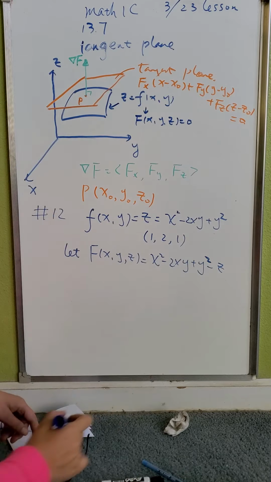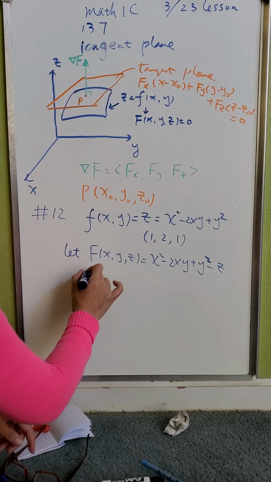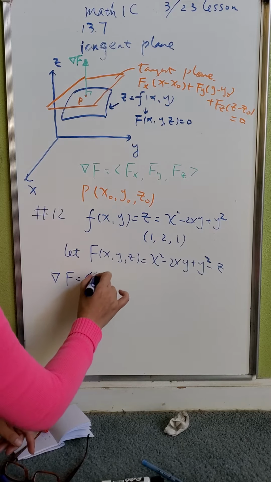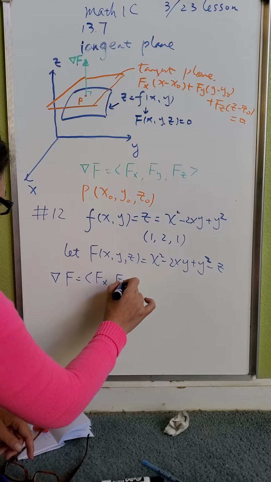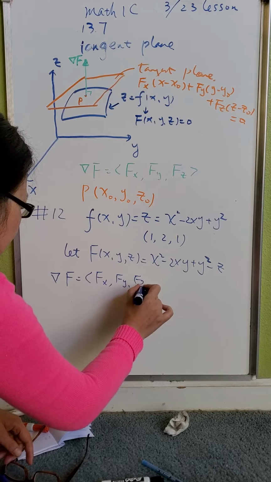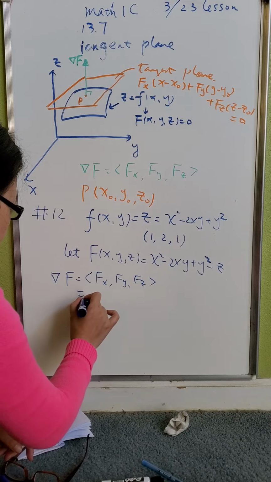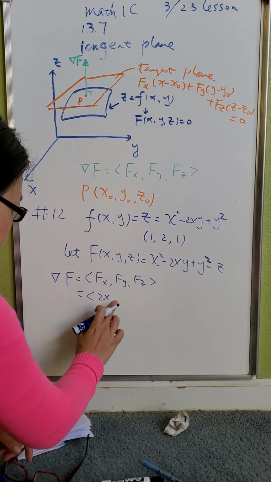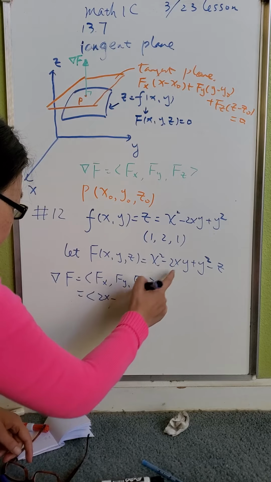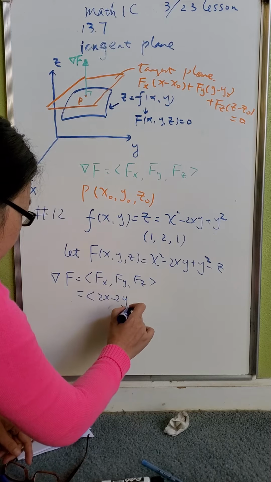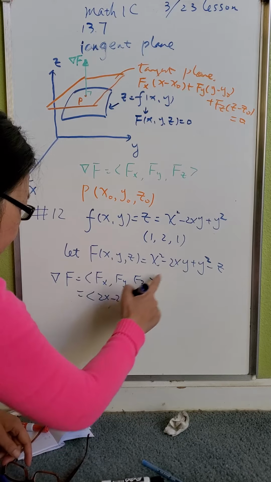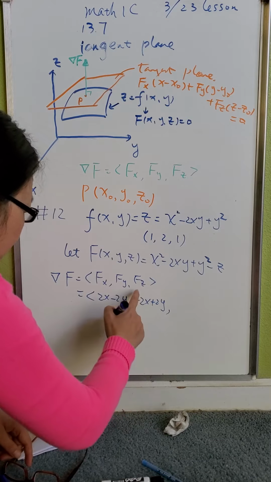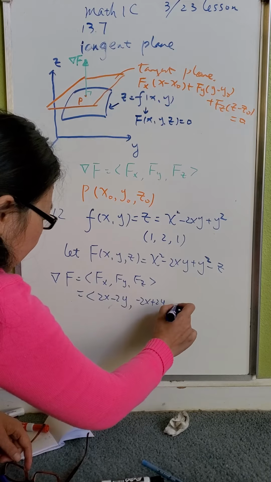Now we're going to get del f equal to f x, f y, f z. f x equals 2x minus 2y, and then f y we have negative 2x plus 2y, and f z just equals negative 1.